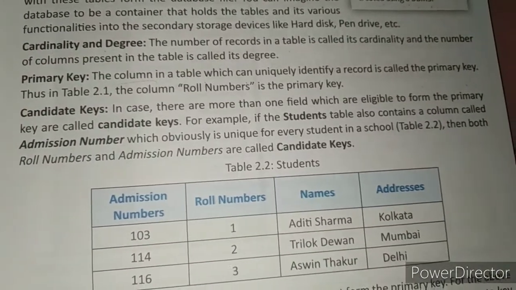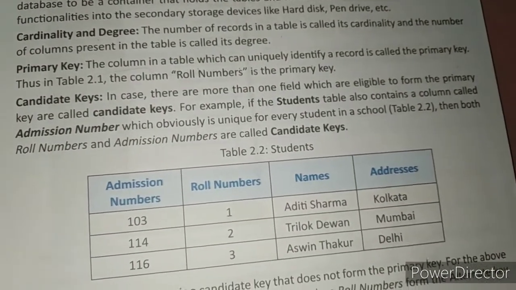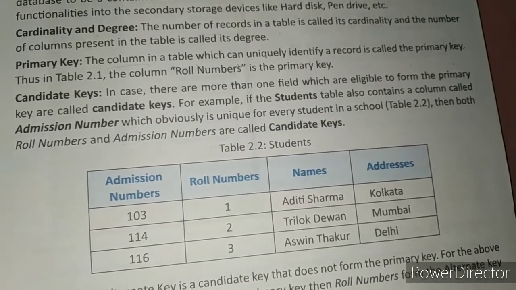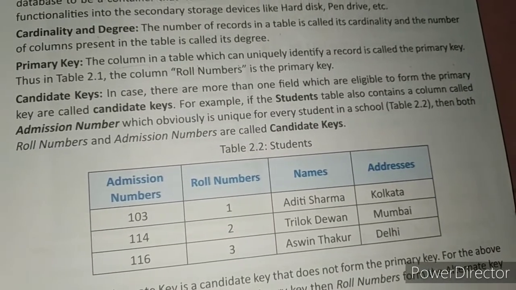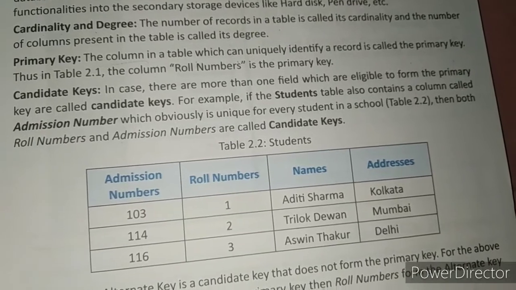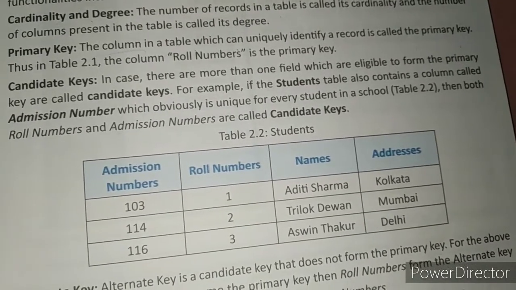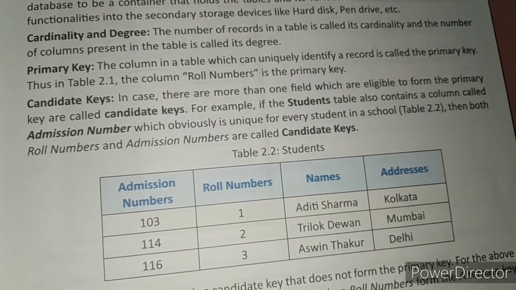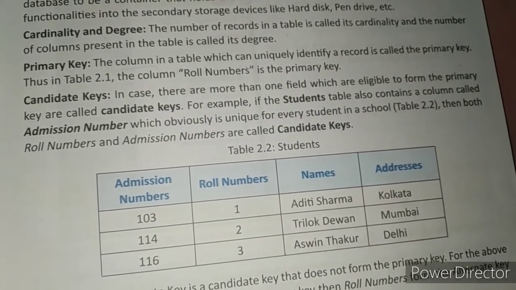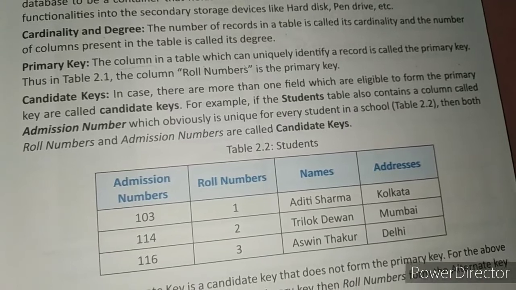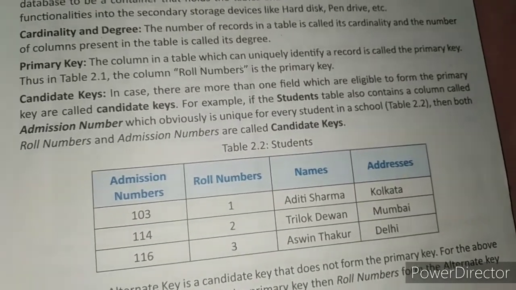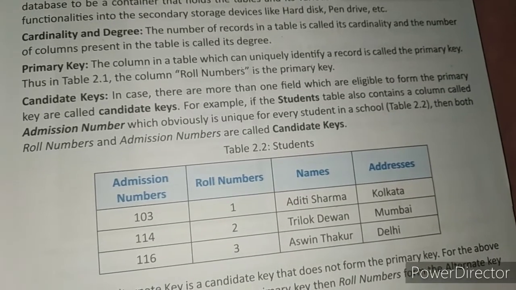It means in each table there is a field in which each and every record is unique, and it can be utilized to connect the tables, and this is known as the primary key. For example, roll number for every student in a class is unique, so it can be used as a primary key.